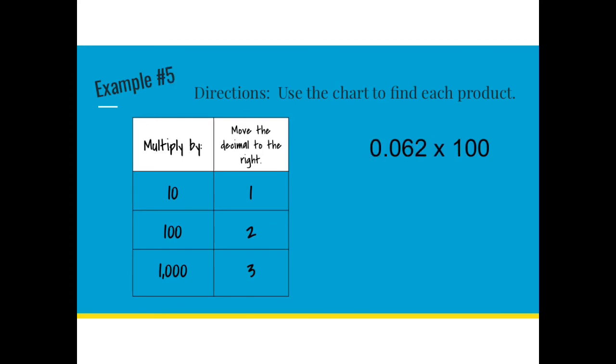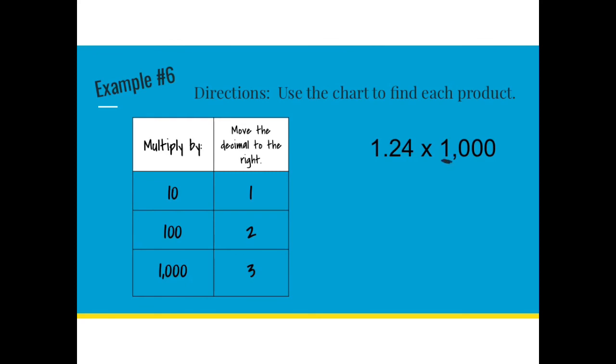In the problem 62 thousandths times 100, I know I'm going to be moving my decimal point 2 spots because there are 2 zeros in 100, giving me an answer of 6.2, or 6 and 2 tenths. In our final example here, again, we're going to need to add a zero to the end of our answer.